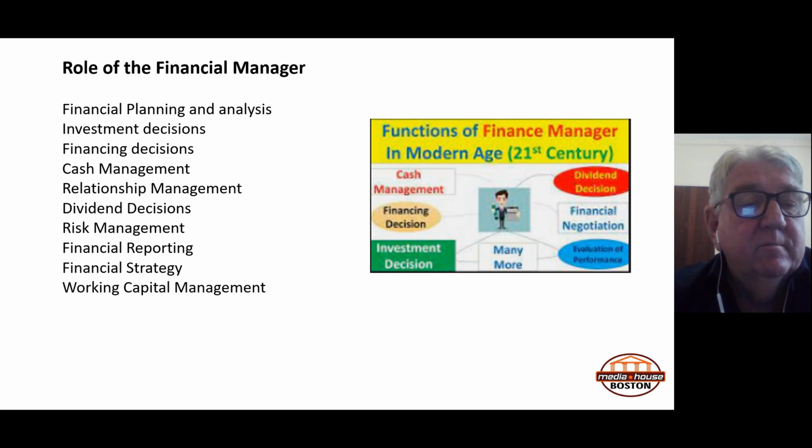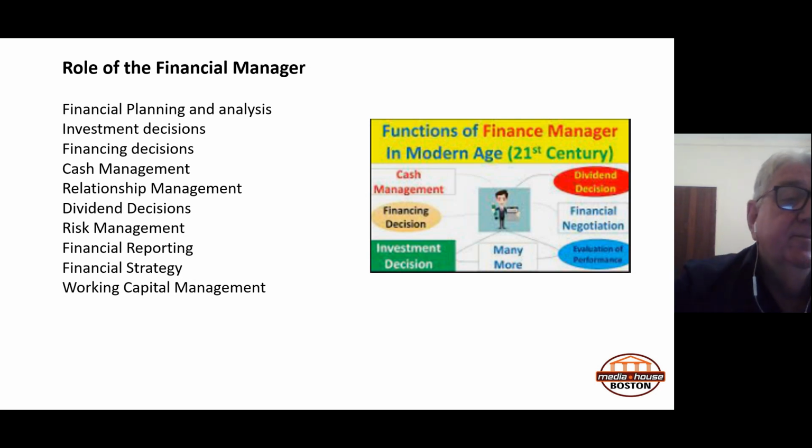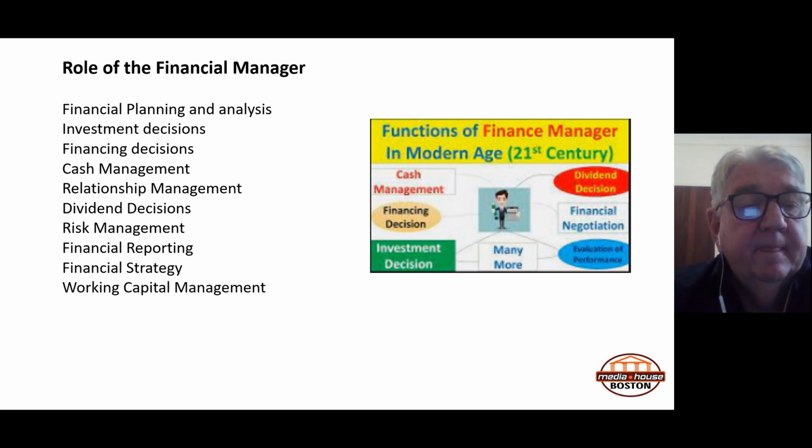Okay, risk management. Risk management is closely linked to your cash management, but you have to manage the risk, the different types of risk, financial risk, business risk, etc. So you have to manage that. Then financial reporting. That is your annual financial reports.